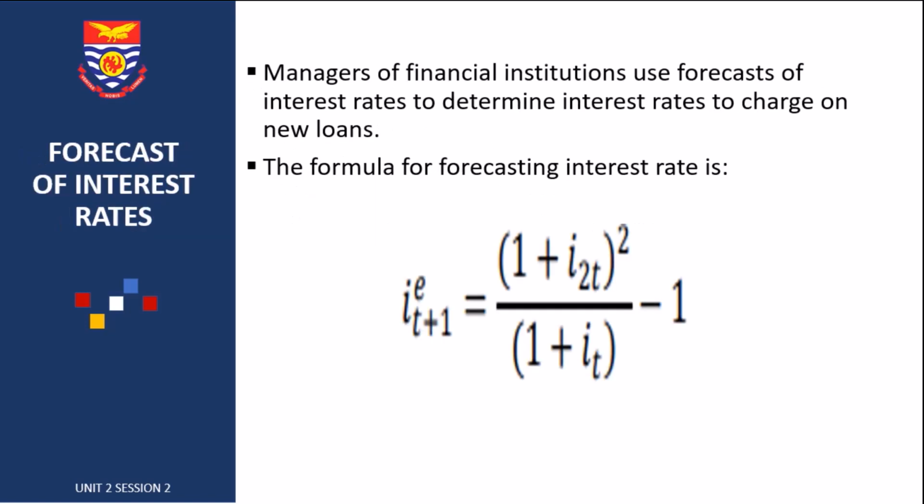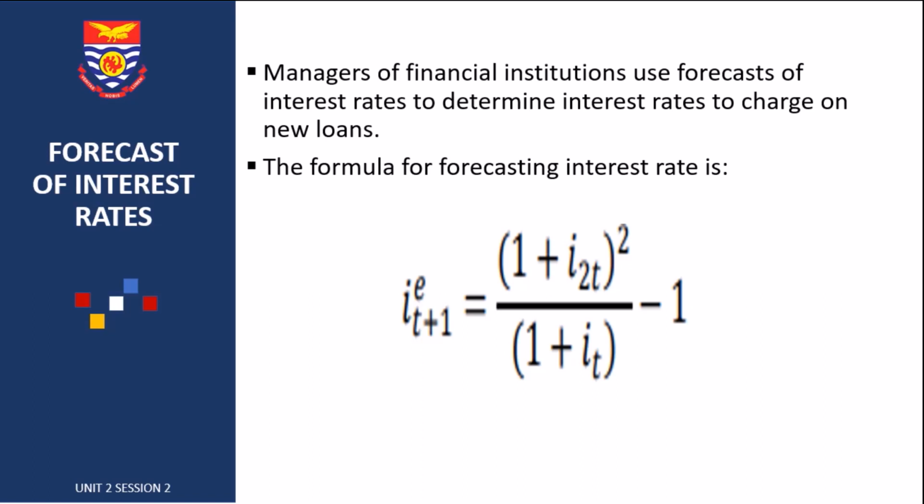So we finally want to consider how investors forecast interest rates. Managers of financial institutions use forecasts of interest rates to determine the interest rates to charge on a new loan. So below is the formula for forecasting interest rates.